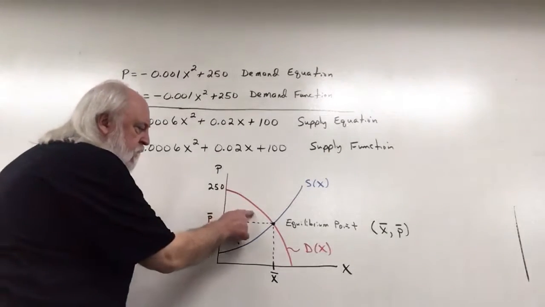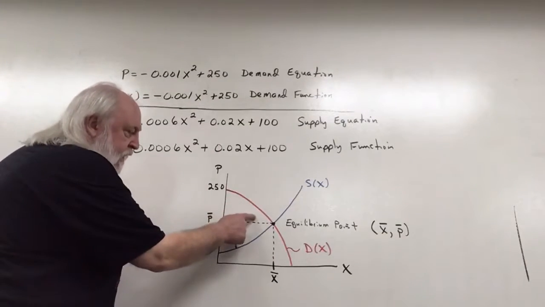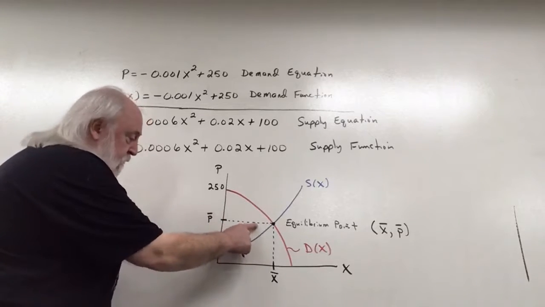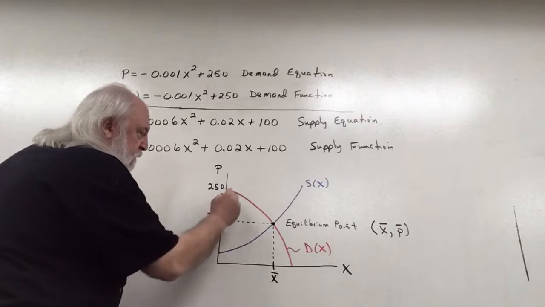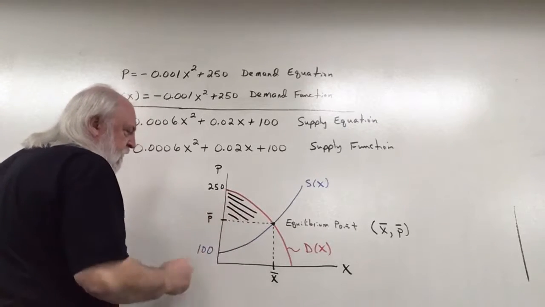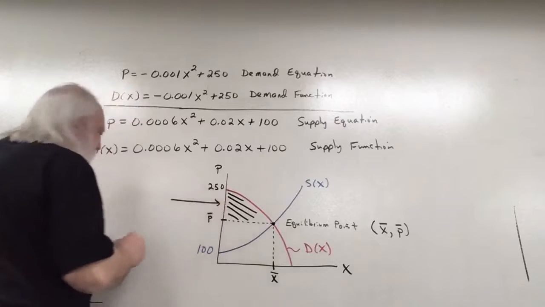This area below the demand curve and above this horizontal line segment to the right of P bar has a name in microeconomics. That's called consumer surplus.